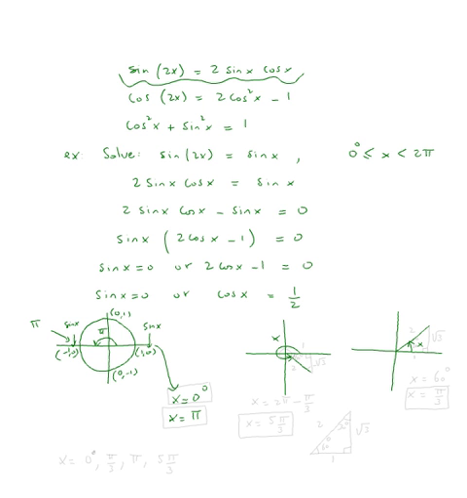Now let's do the reference triangle. Cosine of x is equal 1/2 means the adjacent is 1, and this is 2. So this has to be square root of 3.